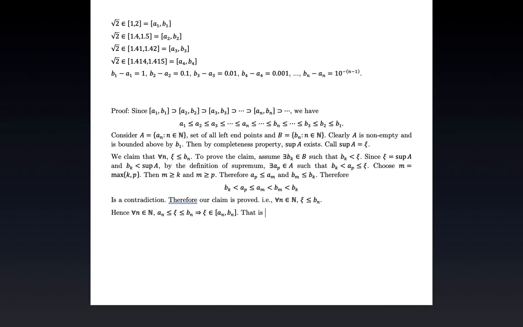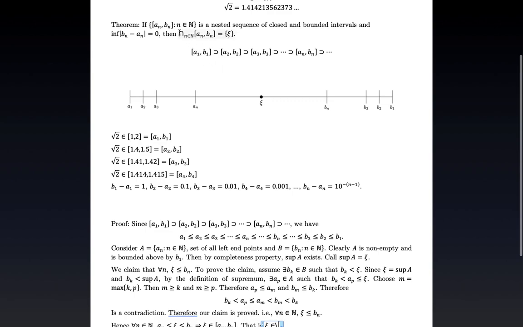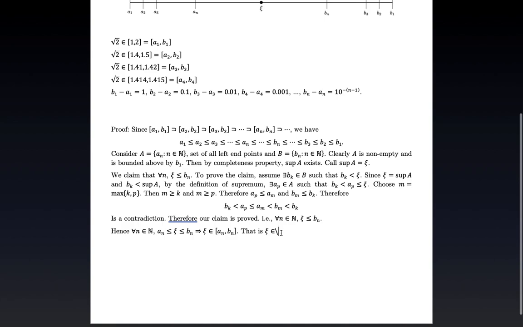So xi is in each one of those subintervals, and then xi is in the intersection of all of them. So we have first proved that this intersection is non-empty.